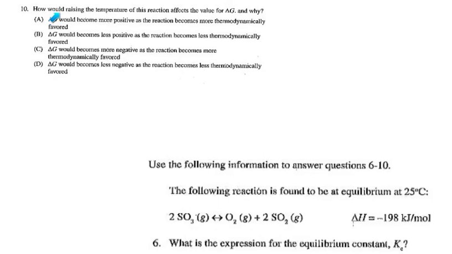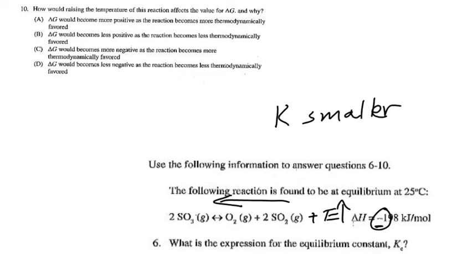Number 10 says, how would raising the temperature of this reaction affect the value of delta G? You might think about this in terms of how it would affect K, because we just talked about that. Because it's an exothermic reaction, if we raise the temperature, the reaction will shift back, and K will become smaller.